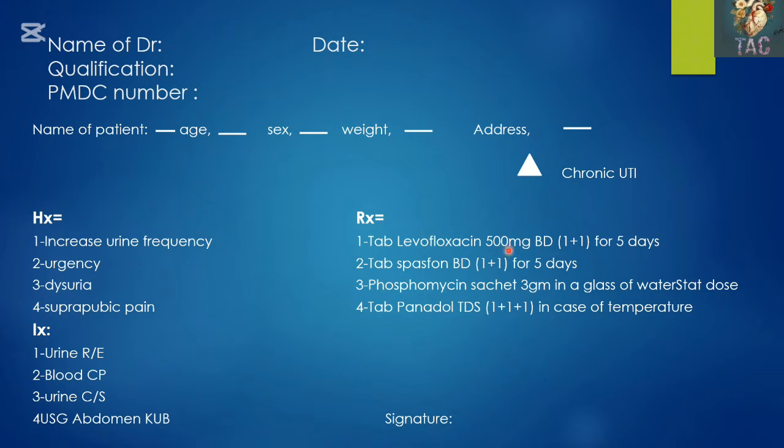The treatment which is given to the patient is tablet levofloxacin 500 mg twice daily for 5 days, tablet Spasfon twice daily for 5 days, and phosphomycin sachet 3 gram in a glass of water. This is a stat dose given just once. And then the Panadol TDS, 3 times daily dosage, in case the patient is having a temperature.